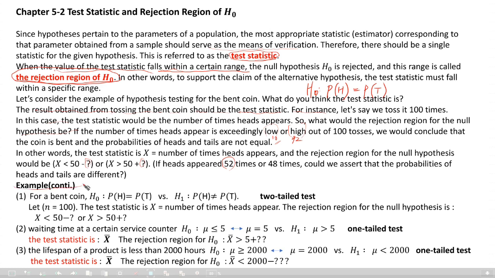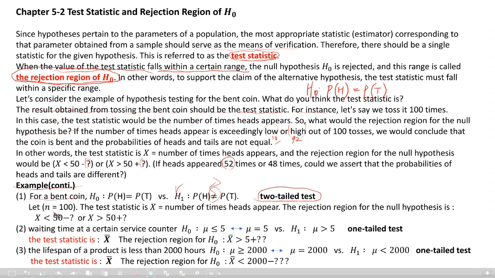So let's see the example. For a bent coin, H0 is this, versus H1. H1 is the probability of head is not equal to the probability of tail. Since it is not equal to, in H1, we say it is a two-tailed test. We do not know whether it is less than or greater than. Anyway, it is not equal to, so we call it a two-tailed test.